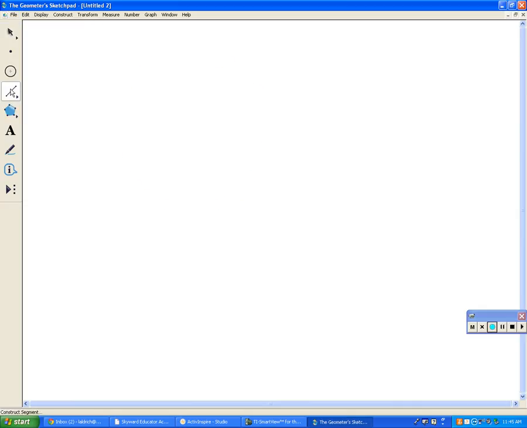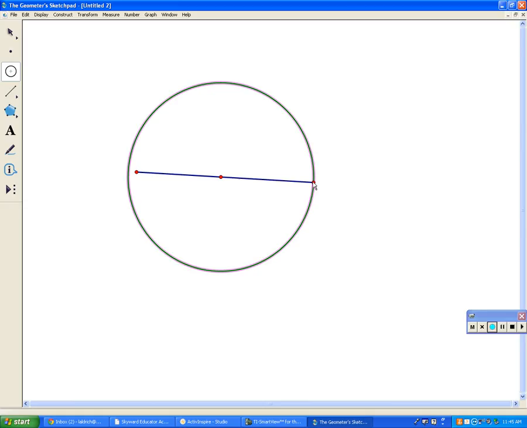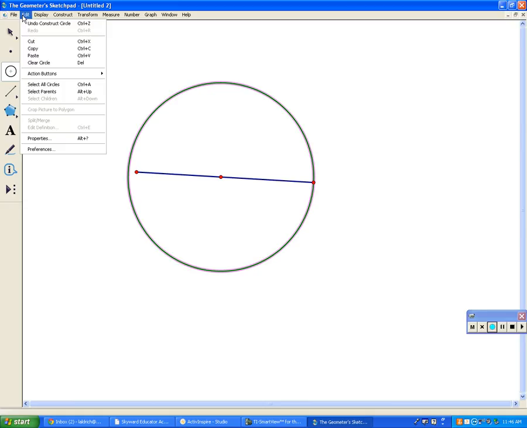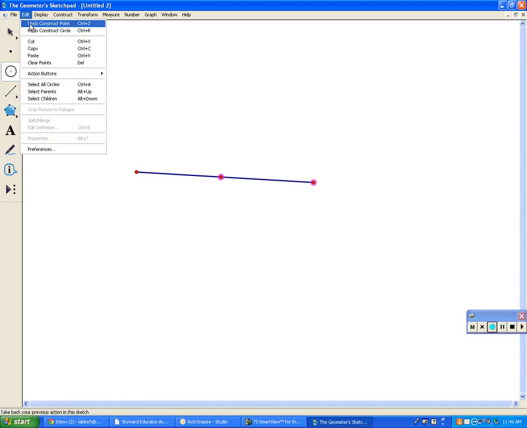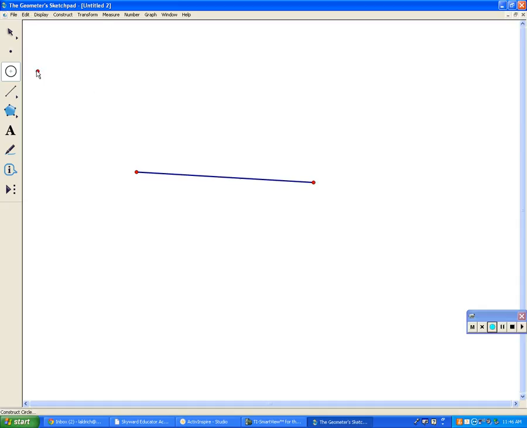Let's make the line first. So here's going to be my line. Oh, that's not in the middle, huh? I guess not. I can use my fancy circle math tool. There we go.